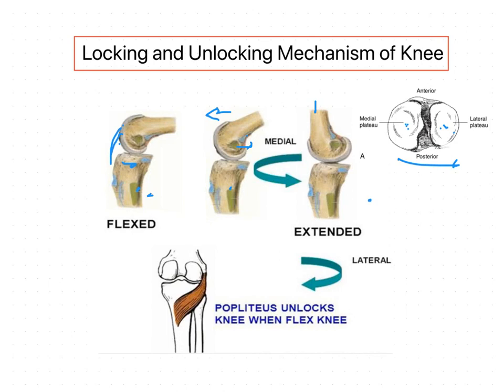As the femur extends to about 30 degrees of flexion, the shorter lateral femoral condyle completes its rolling and gliding motion on the lateral plateau of the tibia.